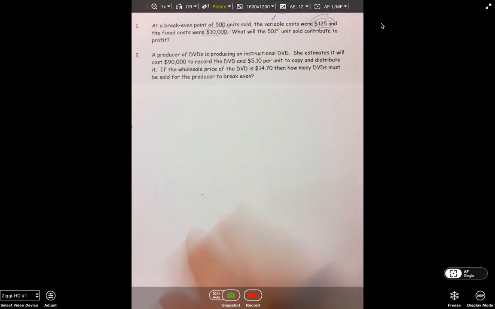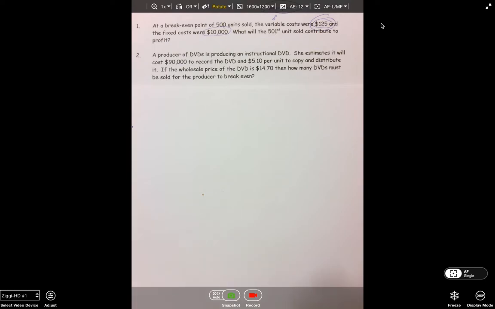Number 2 says a producer of DVDs is producing an instructional DVD. She estimates it will cost $90,000 to record the DVD and $5.10 per unit to copy and distribute it. If the wholesale price is $14.70, so we're looking at this by wholesale price. We're looking at this at the supplier.